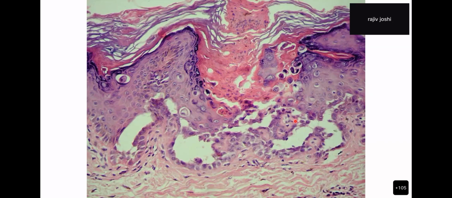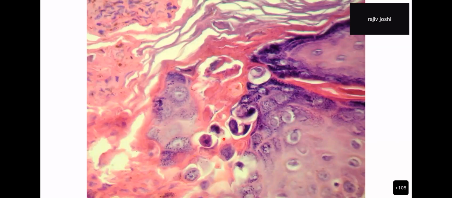So this is known as dyskeratotic acantholysis. Clinically, of course, Darier's disease is a warty papule. It is not vesicular clinically. Histologically, it does show suprabasal clefts. So these are the corps ronds, and these are what are described as parakeratotic grains.